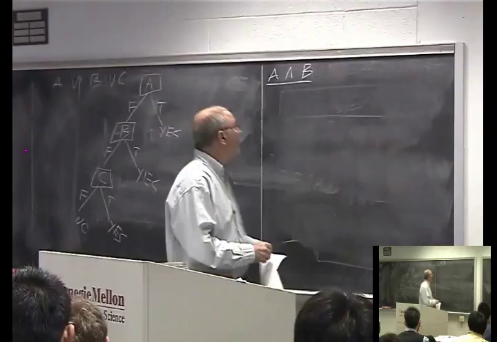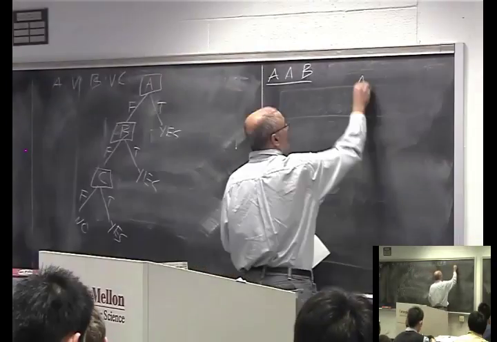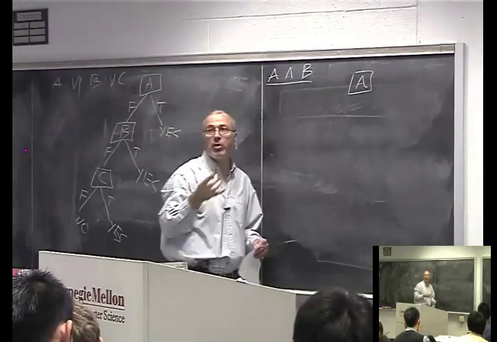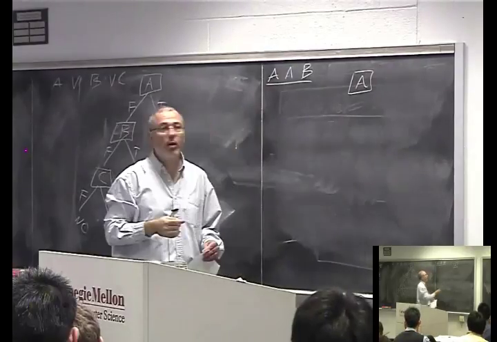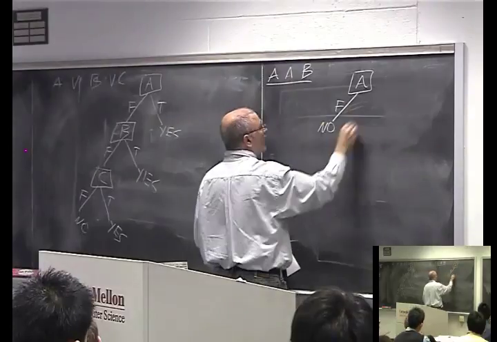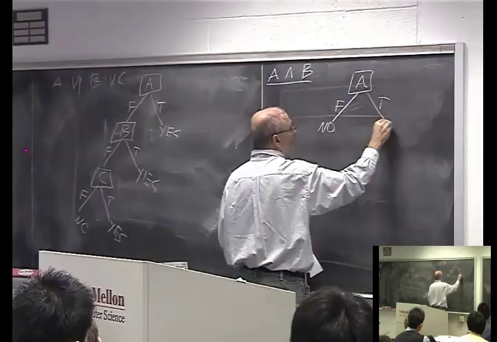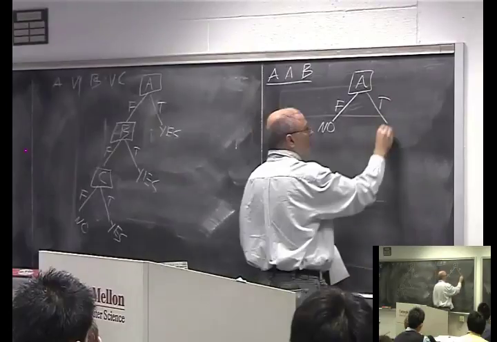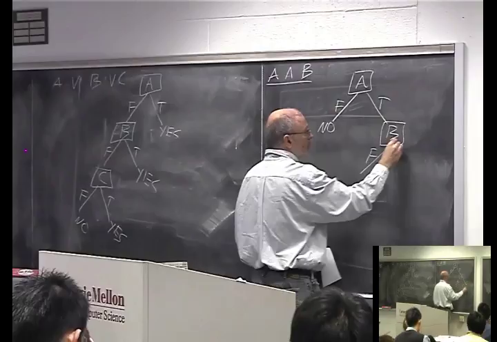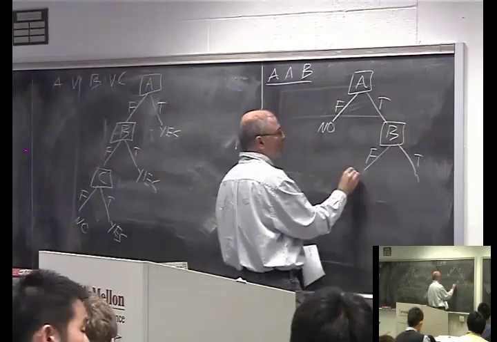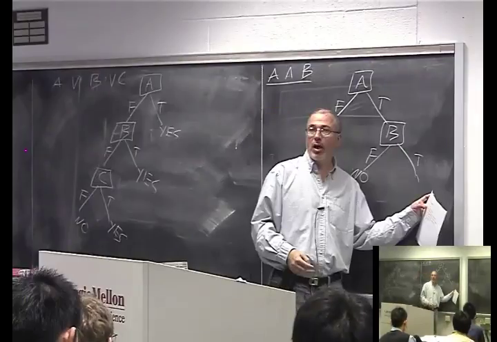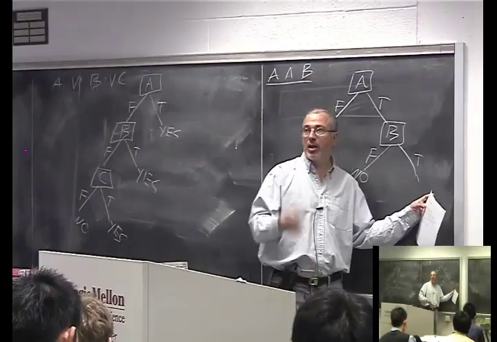Okay, so you start with A. If A is false, the answer is no. And if A is true, then you have to ask about B. And again, false and true. If B is false, then you know the answer is no. And if B is true, then you know the answer is yes. Unless you want to add a C and a D and an E and so forth, right?